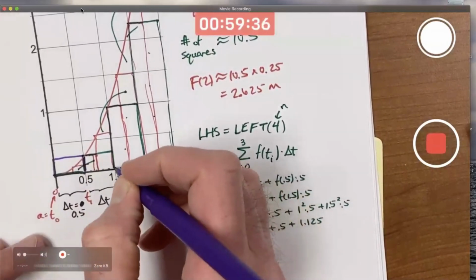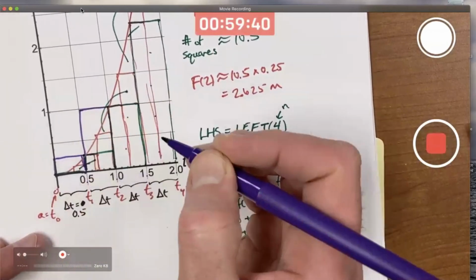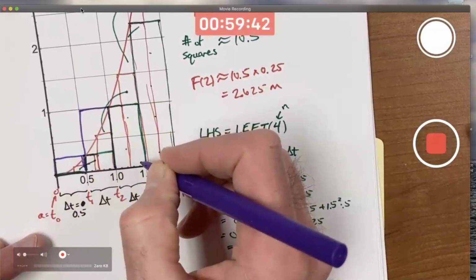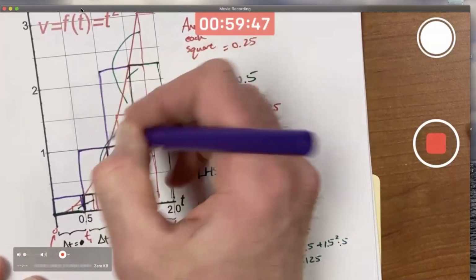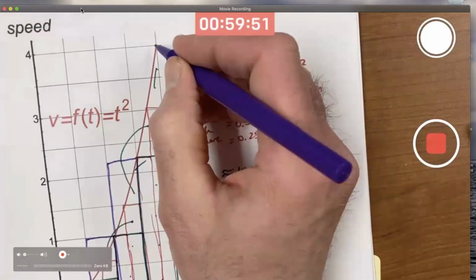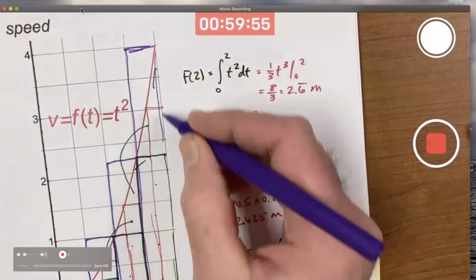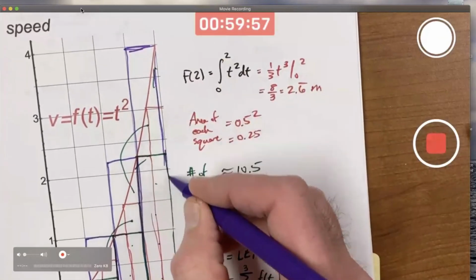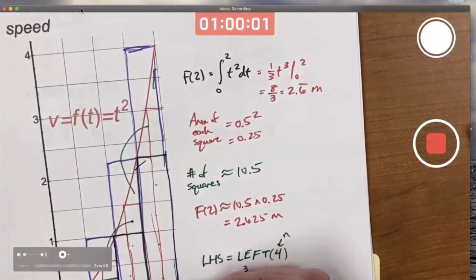The second rectangle would look like this. I'm going to the right endpoint of each subinterval and up the graph to determine the height. And because the function is increasing, the right-hand sum is going to be too big. I'd guess you'd probably get 3 or 4 something for the sum of those areas, which is going to be too big.